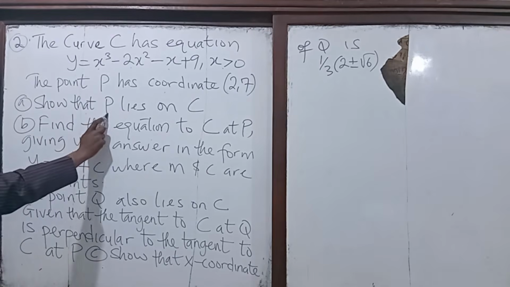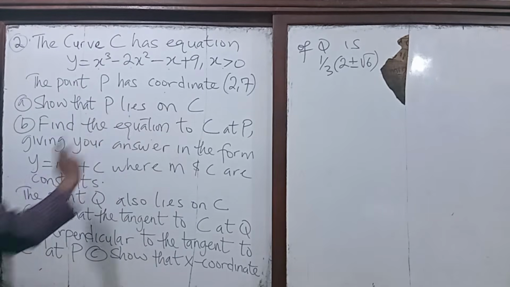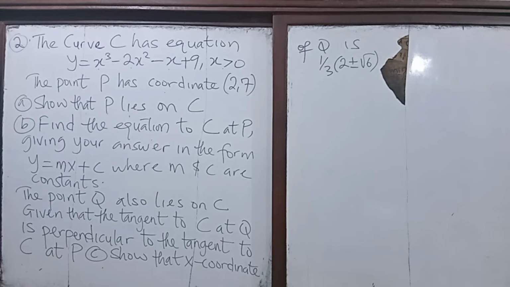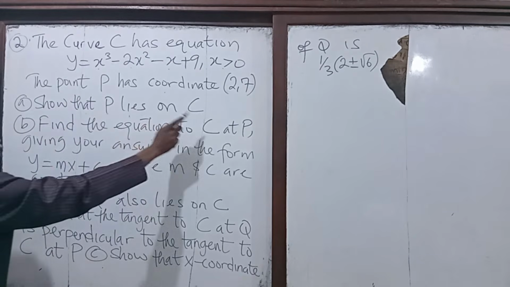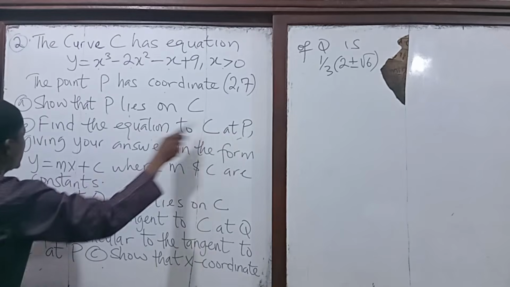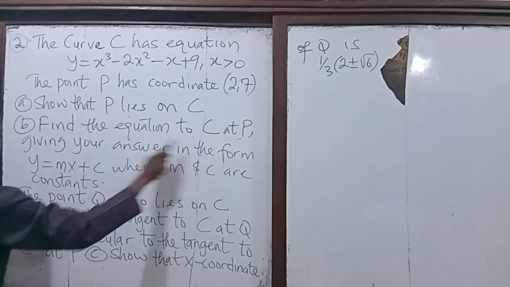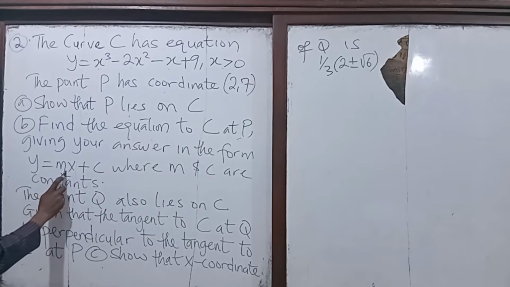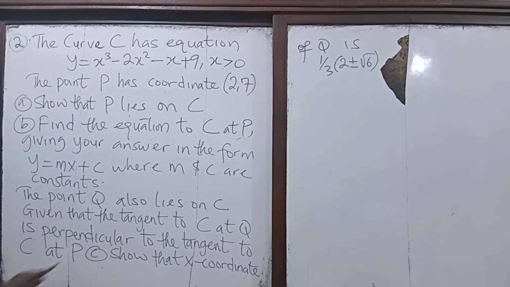A: Show that P lies on C. B: Find the equation of the tangent to C at P, giving your answer in the form y equals mx plus c, where m and c are constants. Okay, let's see the solution to that.